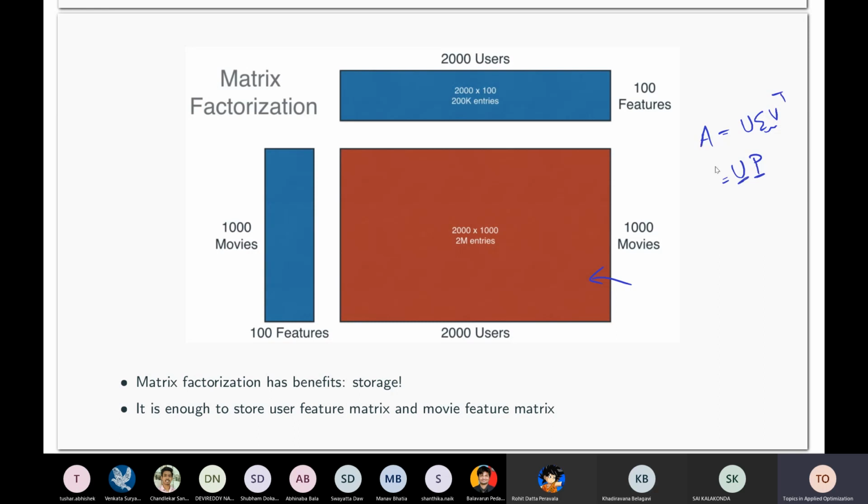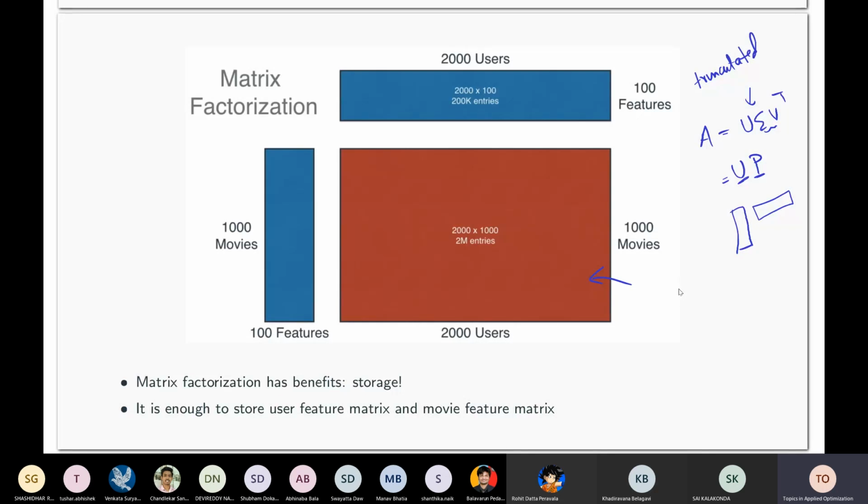If the rank is small, then obviously U will be rectangular and P will be rectangular, because we are talking about truncated SVD. Truncated SVD means that you will truncate the zero values in sigma. Sigma is a diagonal matrix, right?